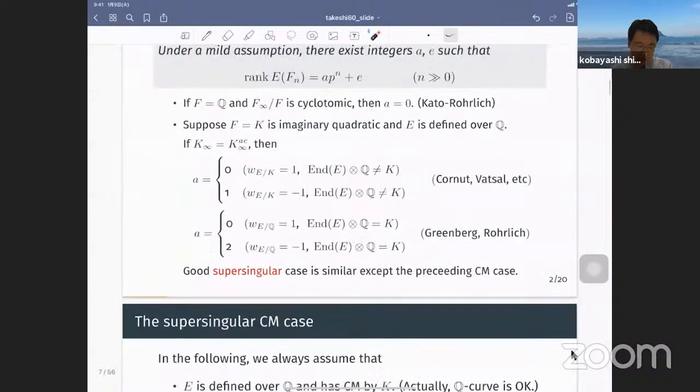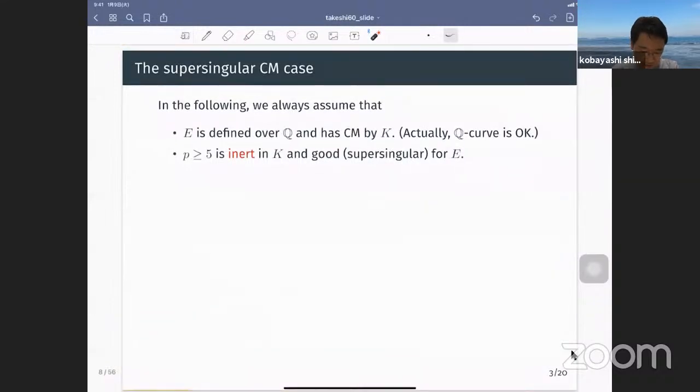So from now on, I assume E is defined over Q and has complex multiplication by K. Actually, a Q-curve is okay, but for simplicity, I always assume E is defined over Q. And p is a prime greater than 5 and inert in K, and good for E.